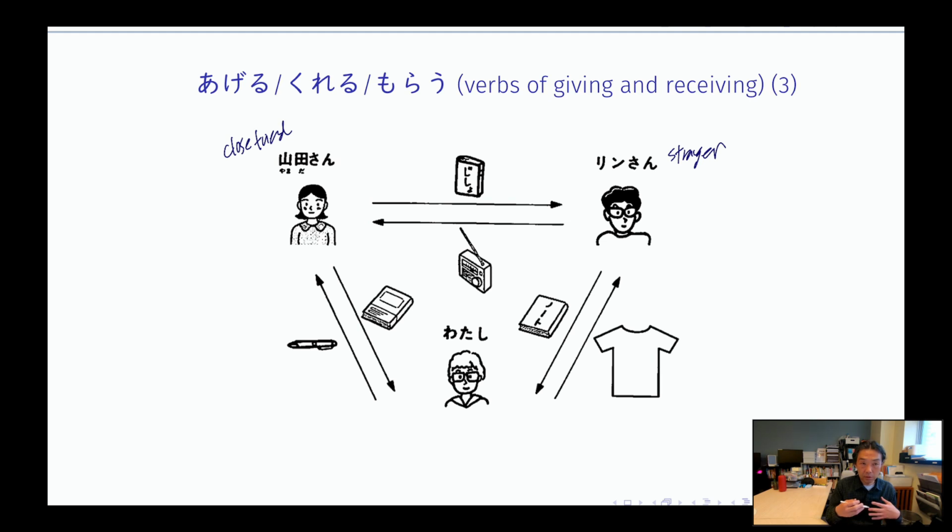Right, you're close. Yamada-san is closer to you compared with Lin-san, who represents out-group. Okay, so if you want to talk about this transaction, this one is 私 gives a pen to Yamada-san, who is your close friend.